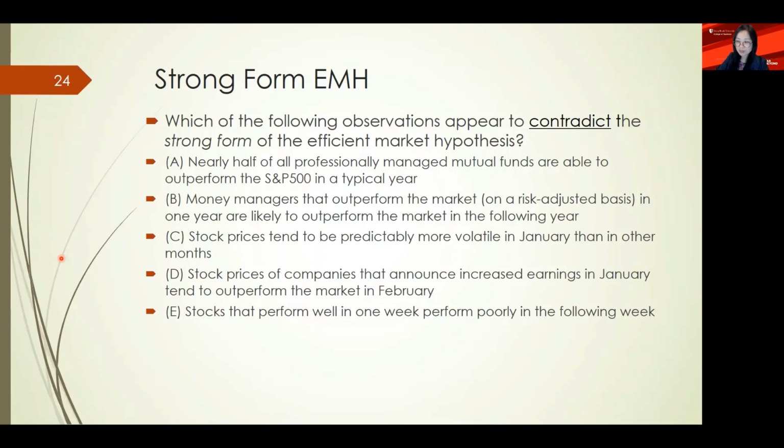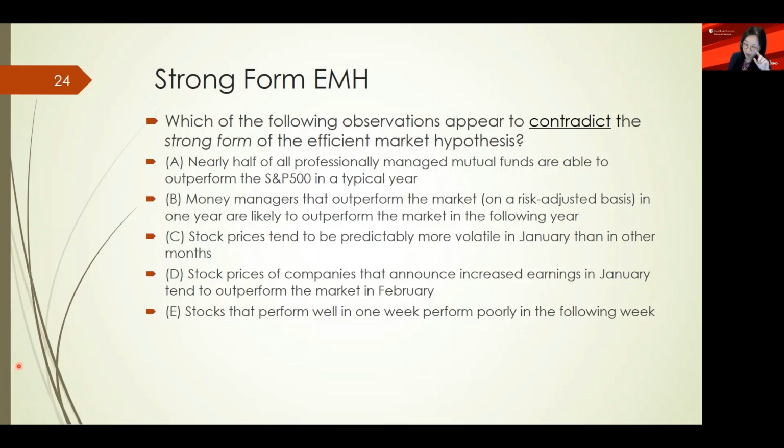How about B? B said money managers that outperform the market in 1 year are likely to outperform next year. This one is correct because it shows consistency in abnormal returns. So someone has skill, they can consistently outperform the market, which is evidence showing some professional managers have alphas, okay?